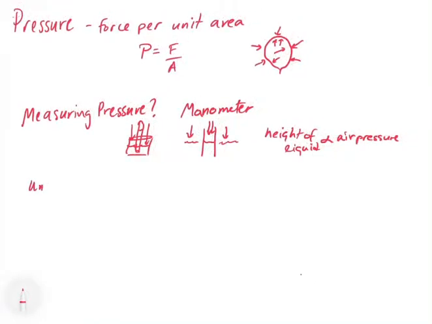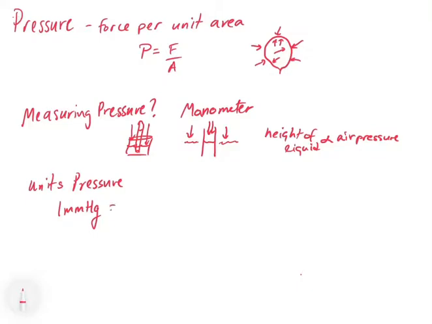There are a couple of different units of pressure, and this allows us to quantize pressure. Some common examples are millimeters of mercury. A millimeter of mercury makes sense because remember we were talking about heights. This is how high up a column of mercury would be as it's pushed down on by the atmosphere.